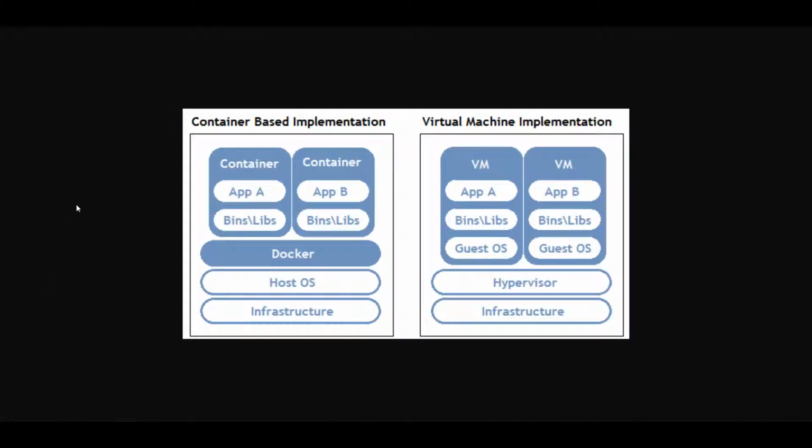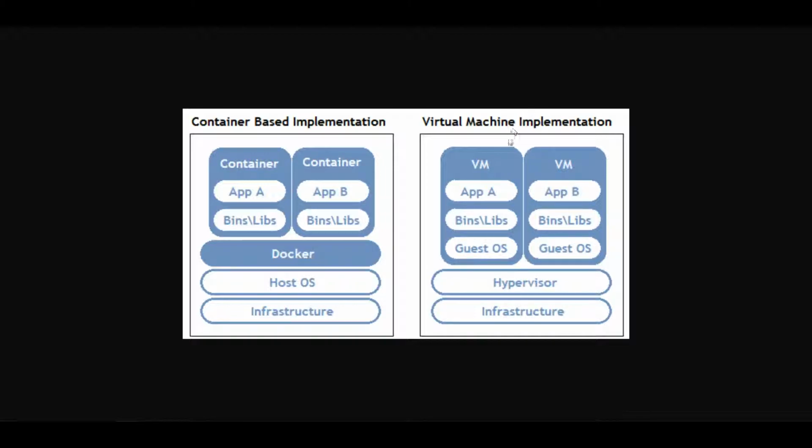This is an image that I will use to help you understand. If you first look at the virtual machine implementation, it has the infrastructure of your system, and then it has a hypervisor where the kernel is written and all the virtual hardware is designed.